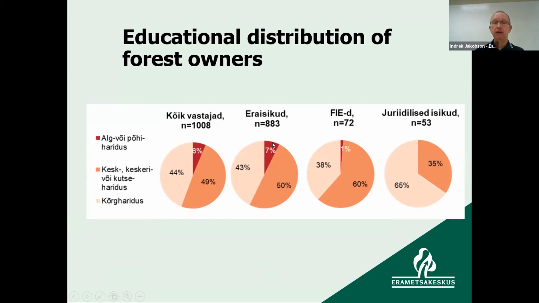But if we see the private owners, we see 7% have only basic education, which is quite logical if we think a couple of slides ago that we have a lot of forest owners who are older than 60, 70, or even 80 years. And it means their education shouldn't be very good as they have grown up during the war.